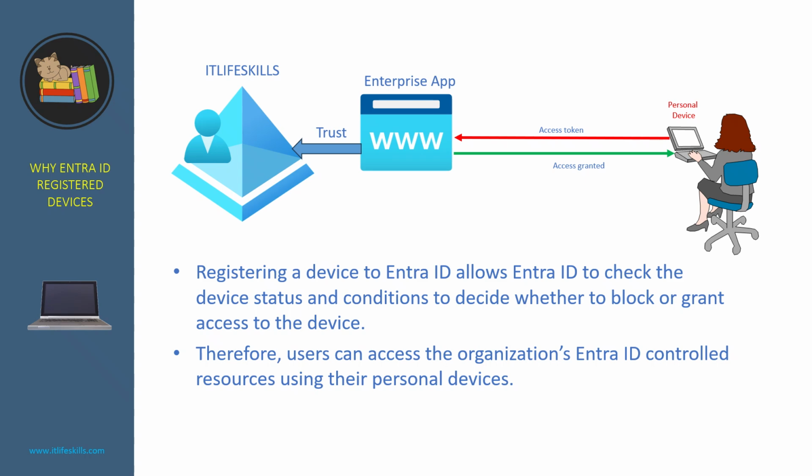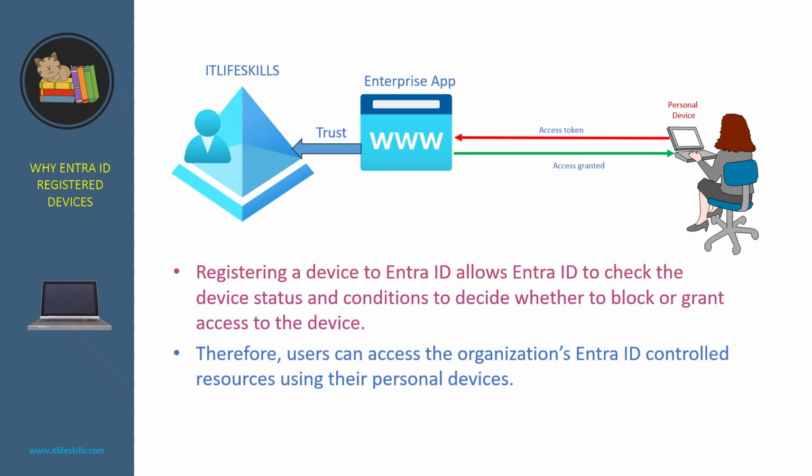So why Entra ID registered devices? As you know, there is always the need for users to access enterprise apps from their personal devices. However, Entra ID has no knowledge about these personal devices, which ends up with blocking user access.